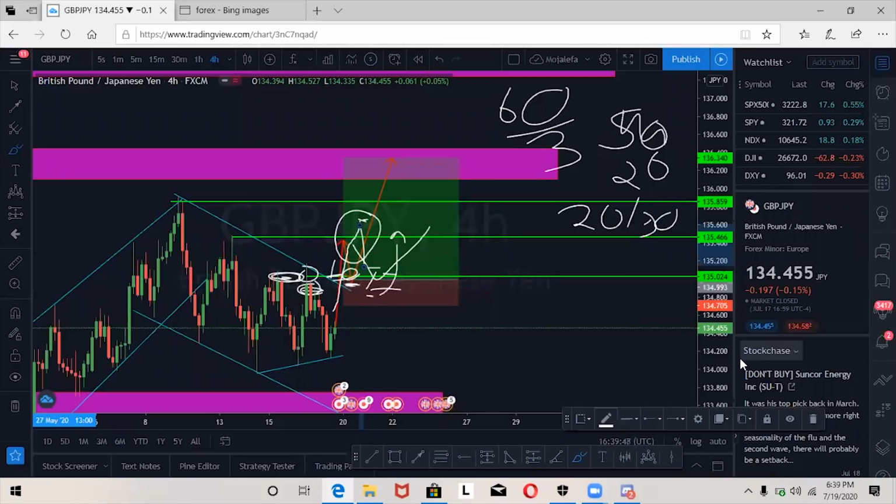Let's say you're trading a certain pair, and there are fundamental events you don't know about, like NFP and unemployment change.